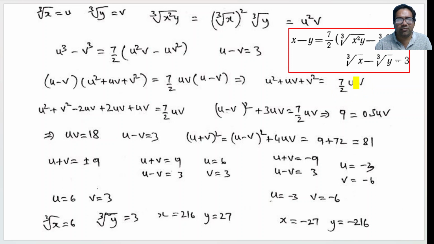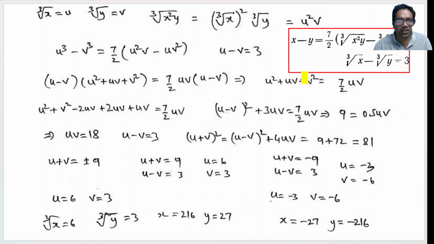Right, we have u square plus uv plus v square and we have 7 by 2 uv. And we know u minus v also. So this one is almost close to u minus v whole square, just that instead of uv it should have been minus 2 uv.